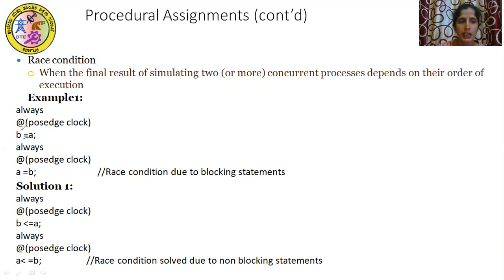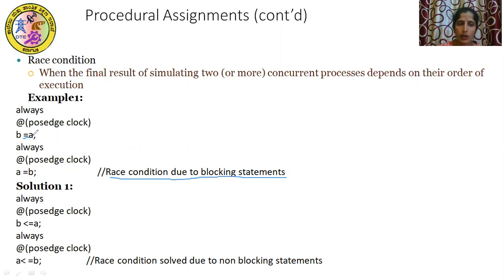Always at positive edge of clock, content in variable A is assigned to variable B. Always at positive edge of clock, content in variable B is assigned to variable A. So here a race condition will arise due to blocking assignment statements.